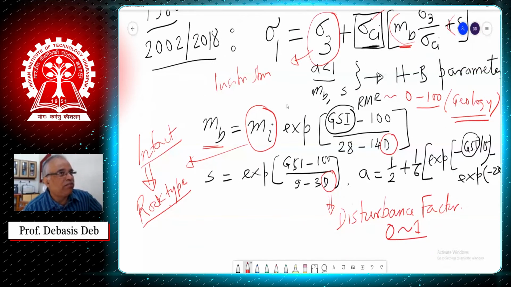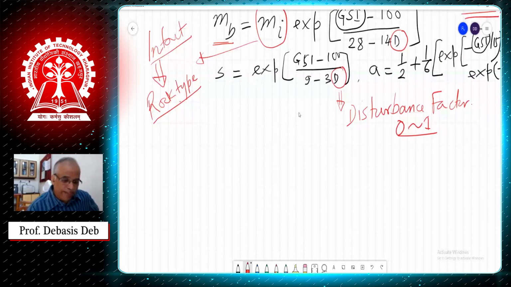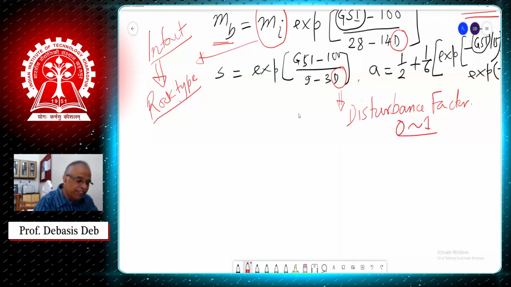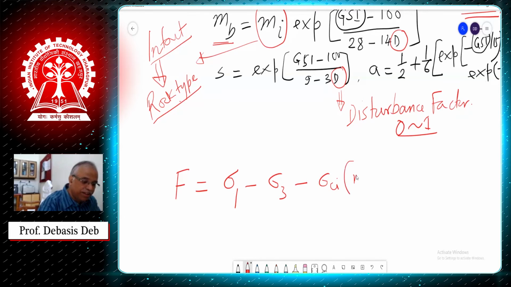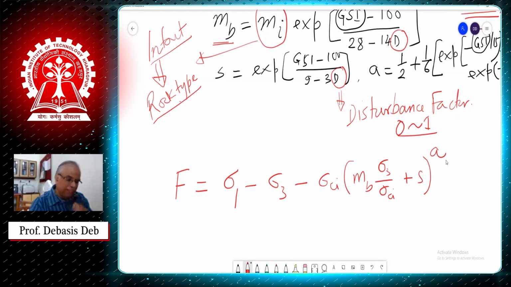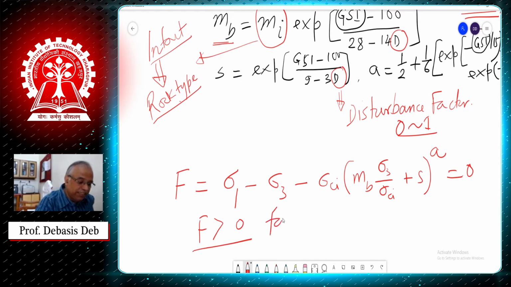Now, any question here? We can write it the same way as the Mohr-Coulomb we have written: F equals sigma 1 minus sigma 3 minus sigma Ci times the bracket of mb sigma 3 by sigma Ci plus s, to the power a, and this equals 0. Similarly, if F is greater than 0, it fails, and if F is less than 0, it stays elastic.